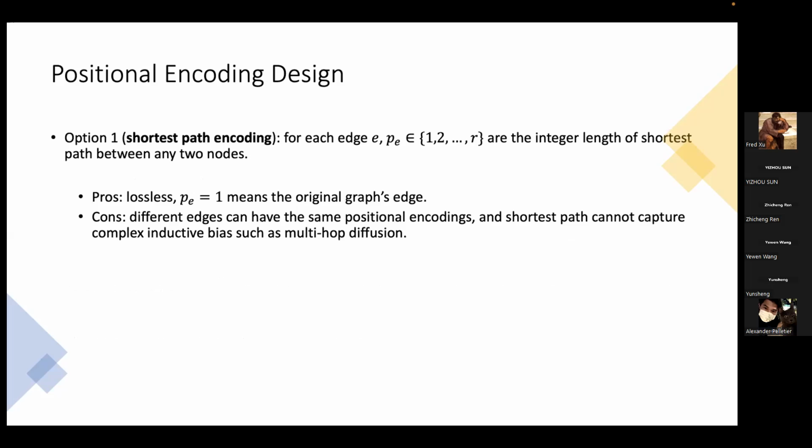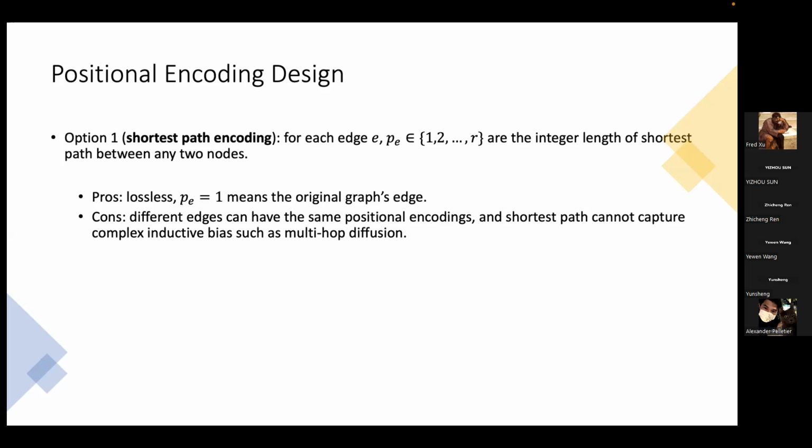Yeah, so I think this paper was really interesting in that they talk about different ways you can do encoding for the edges in this case. First, option one is shortest path encoding.